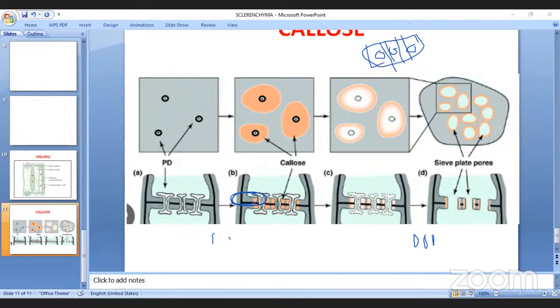And the P protein consists of callose. Callose is a characteristic component of the sieve elements. It is associated with the sieve plate and sieve areas in sieve elements, as just seen. Callose is an unbranched beta 1,3 linked glucan.